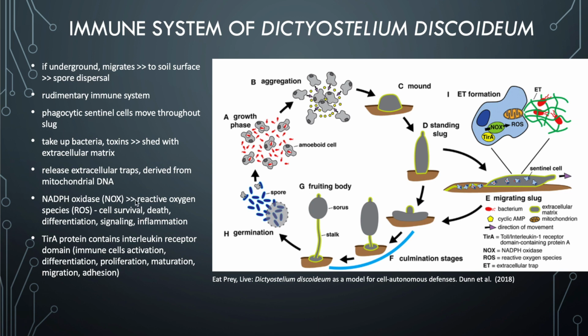Basically, NOx allows for reactive oxygen species formation, and these are once again molecules that play a major role in cell survival, death, differentiation, signaling, and inflammation. So very much immune response like signaling going on. And then also interestingly, there is this TirA protein that contains an interleukin receptor domain, and interleukin is important in immune cell activation, differentiation, proliferation, maturation, migration, and adhesion.